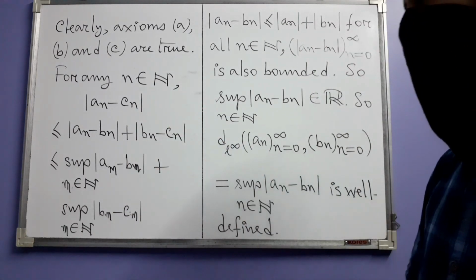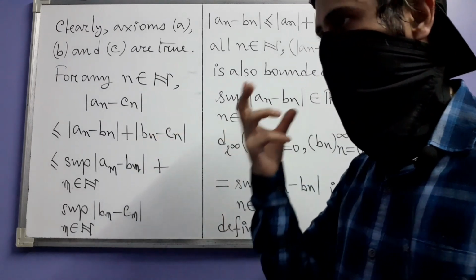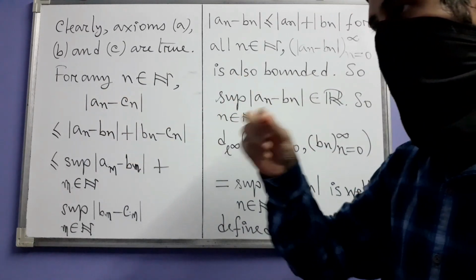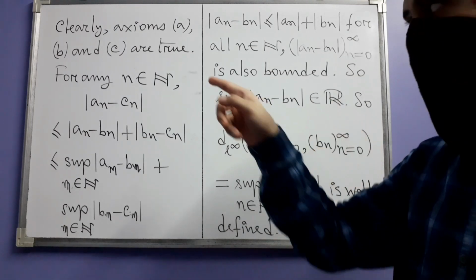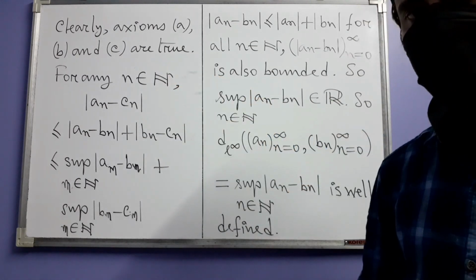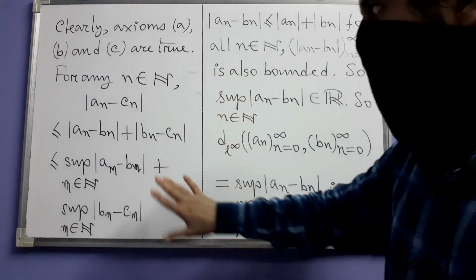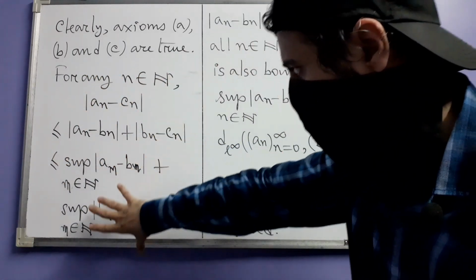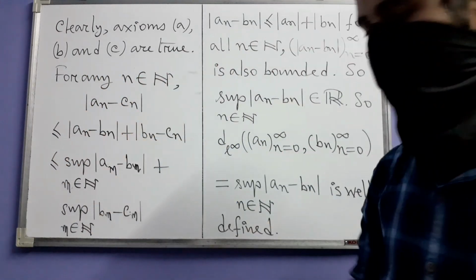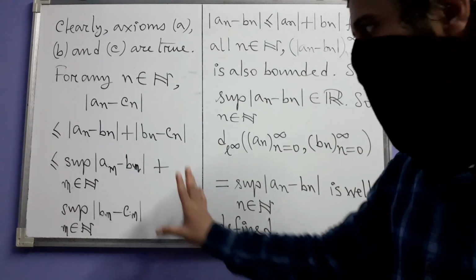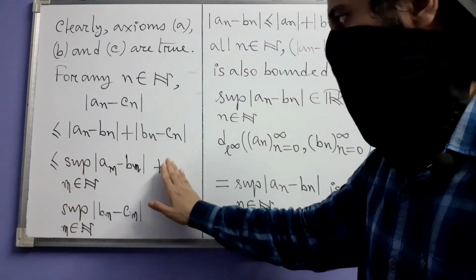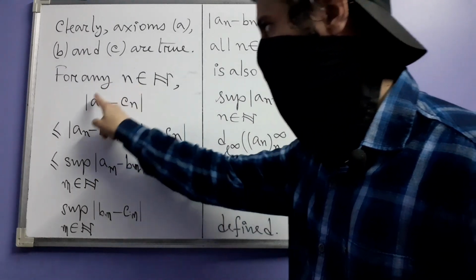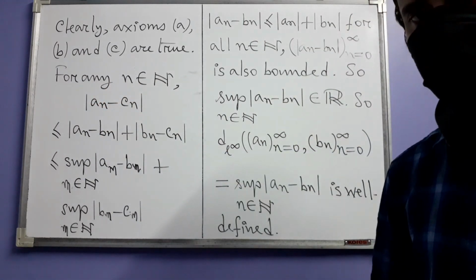So what does that mean? If you now think of the set of all real numbers, where the elements are mod an minus cn as n varies over the set of natural numbers, for that set, all these elements are less than or equal to this plus this, which is, however, a fixed real number. So this entire thing becomes an upper bound for the set of all real numbers which look like this.